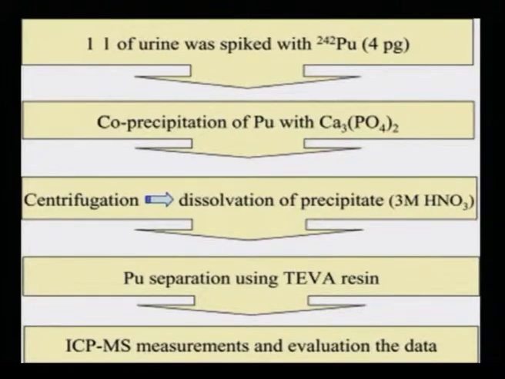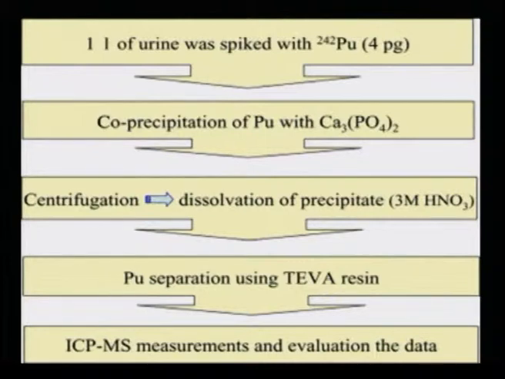Pu separation took place on a special resin called the TEVA resin, and then it was analyzed on ICP-MS and the data was evaluated. It was found that it could be analyzed even in picogram per ml, starting from 1 liter of urine.